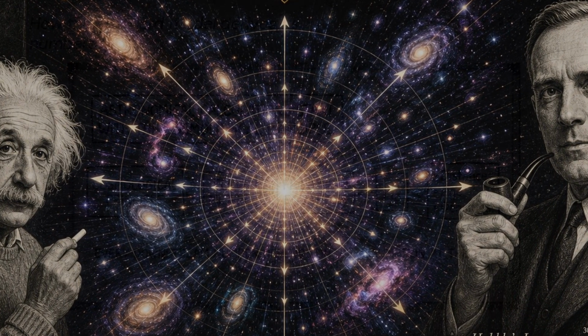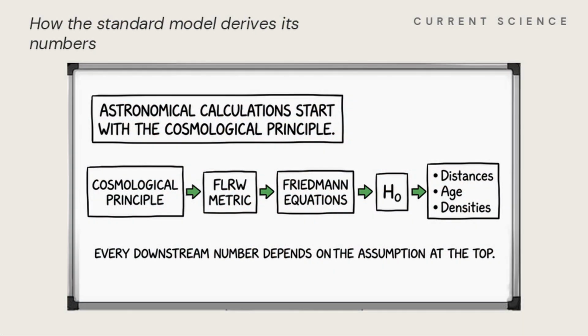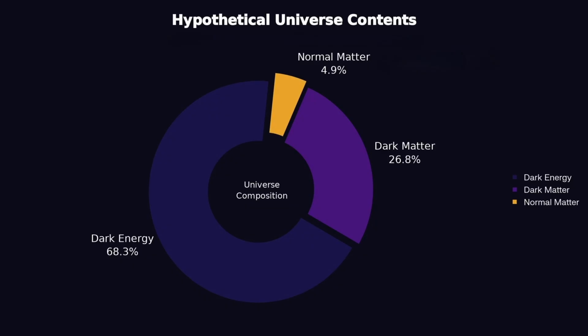From it, a derivation chain follows. The FLRW metric yields the Friedman equations. The Friedman equations produce the Hubble parameter, H0. From H0, every other derived quantity follows. Co-moving distances, look-back times, the 13.8 billion year age of the universe, and the density parameters that divide the total energy budget, hypothetically, into approximately 5% ordinary matter, 27% dark matter, and 68% dark energy.